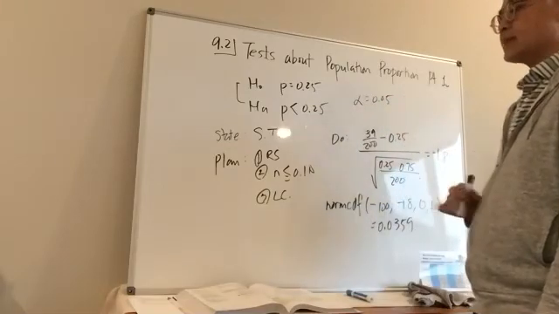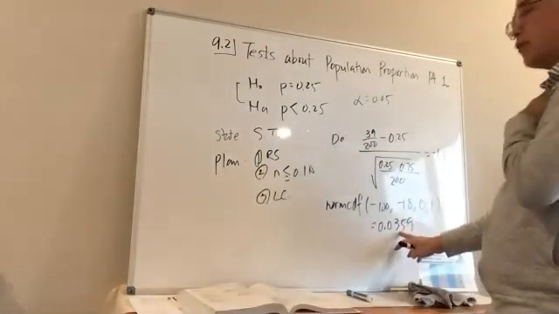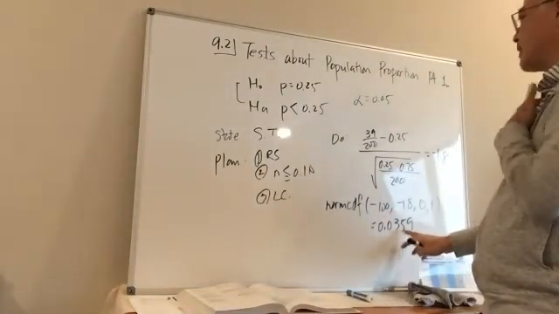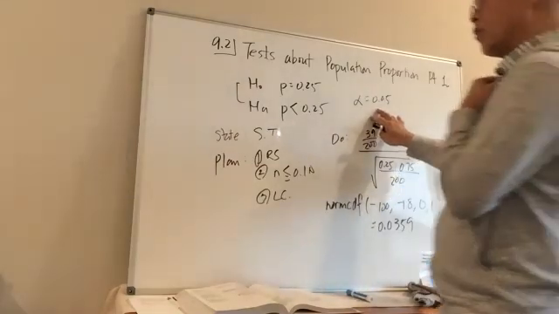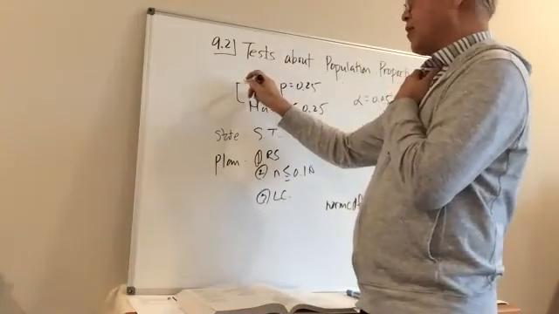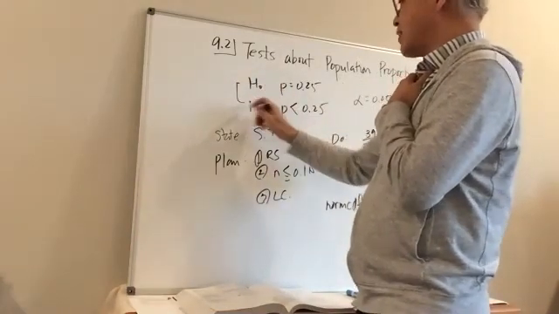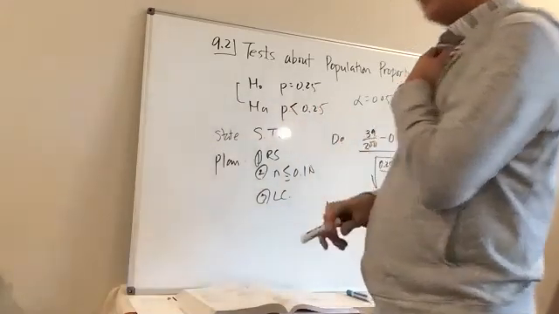P is less than the alpha. So to conclude, the p-value of 3.59% is less than the alpha, which means that we reject the null. We have convincing evidence that the true p is less than 0.25.